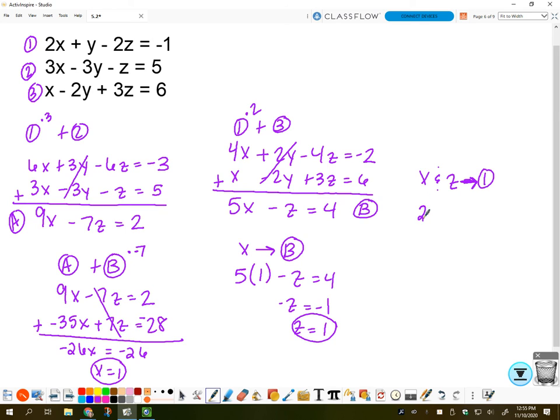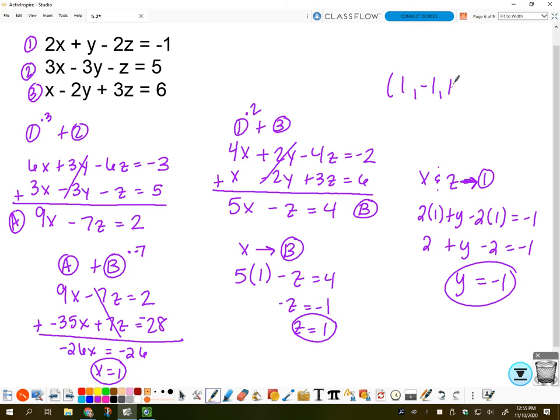Alright, so we're going to do 2 times 1 plus y minus 2 times 1 equals negative 1. So 2 plus y minus 2 equals negative 1. So 2 minus 2 cancels, so this is just y equals negative 1. So we have found all 3 things. Remember to put them x, y, z, and you're done.